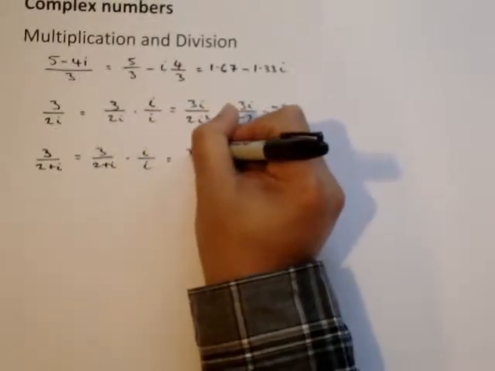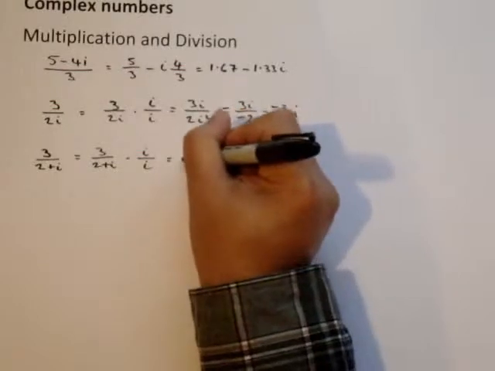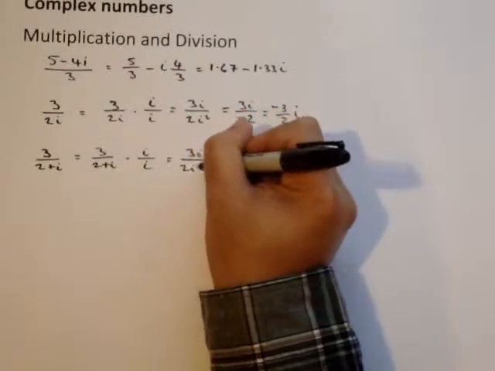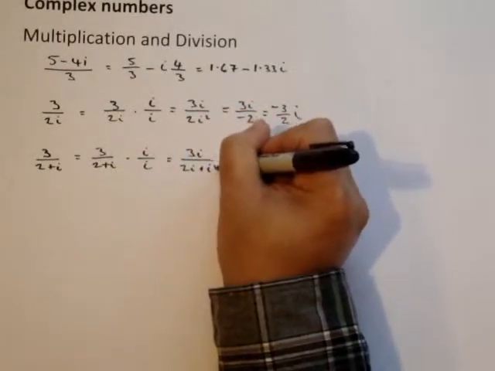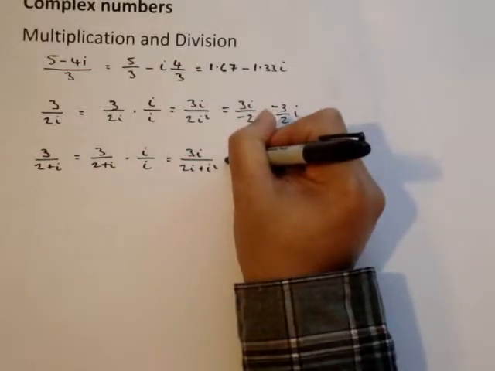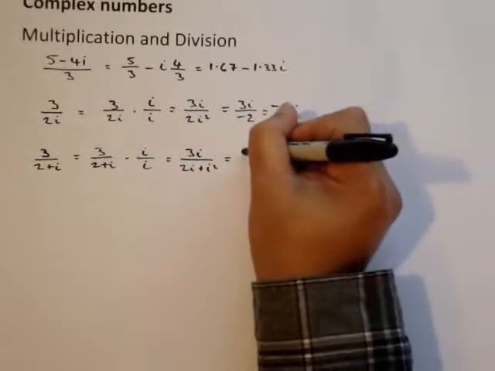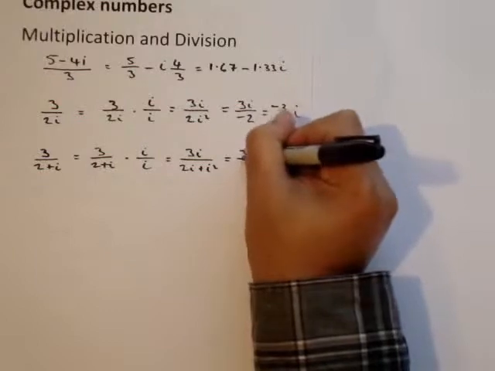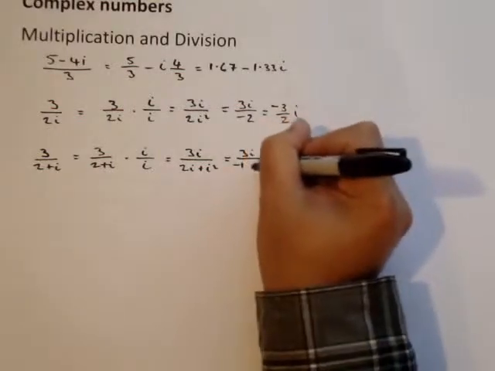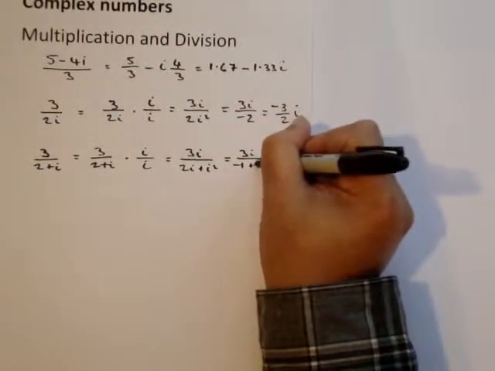This equals 3i over 2i plus i squared, and we said i squared was minus 1, so this is 3i over minus 1 plus 2i.